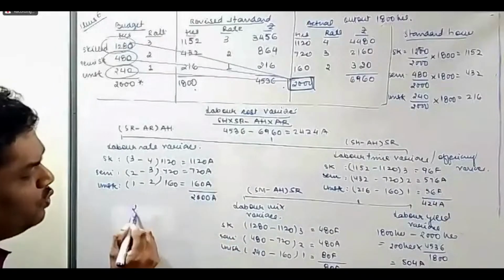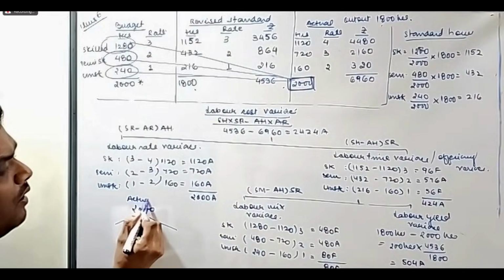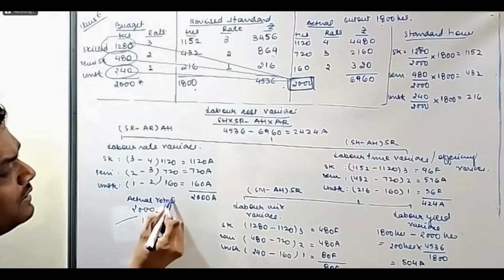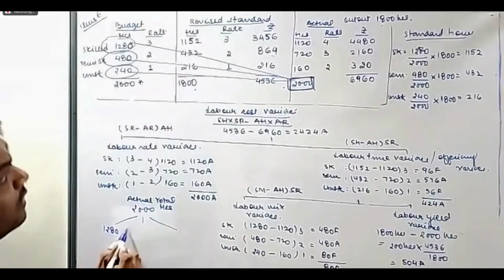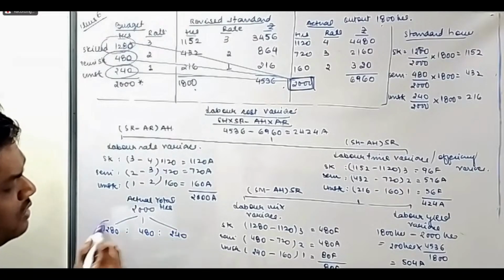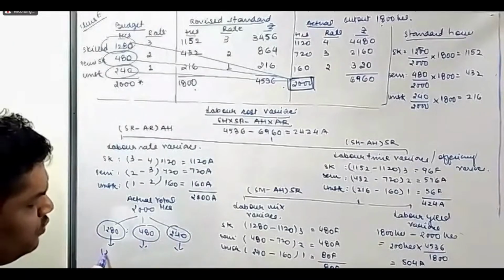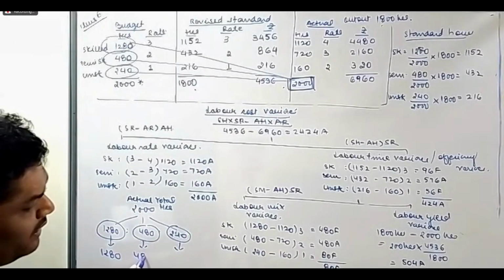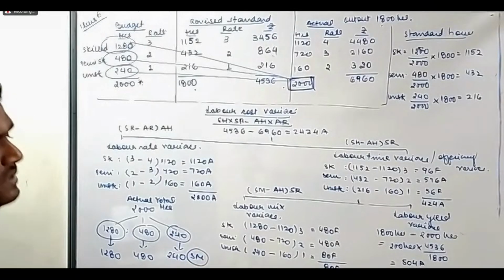Ultimately, my actual total hours of 2000 are to be in the ratio of 1280 is to 480 is to 240. So this should be the ratio. So the final figure will be the same, that is 1280, 480 and 240. So this is my standard mix.